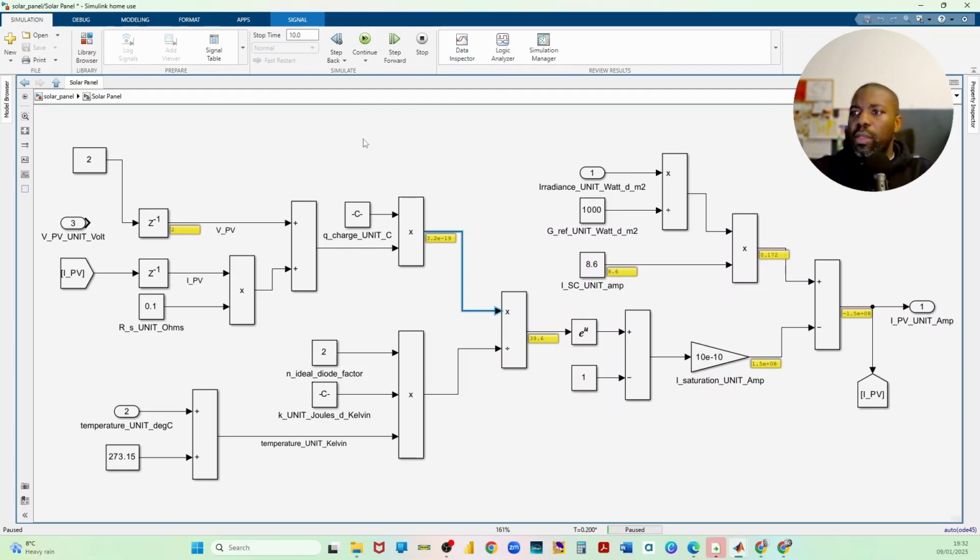So maybe another way of doing this is to basically say, okay, let me stop and then let me make this as 0 and see if that would make any difference. So I'll make it 0 and then directly we can redo the step forward. And then as we go through, we say, okay.